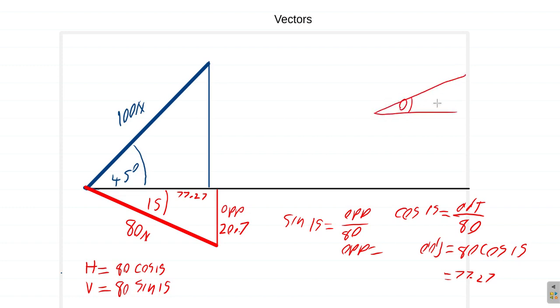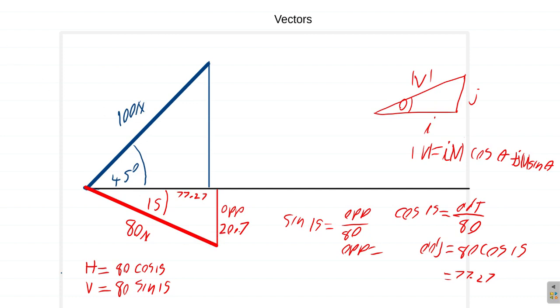Remember, if we have theta, and we call this I and this J, the vector V is equal to V cos theta in the direction of I plus V sine theta in the direction of J. You remember that? So we have the horizontal and vertical components of this vector.